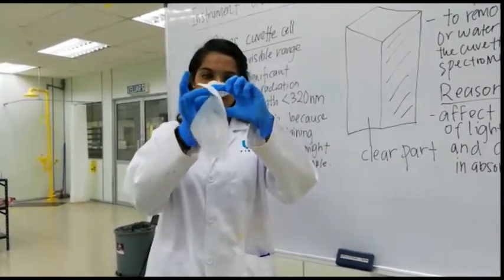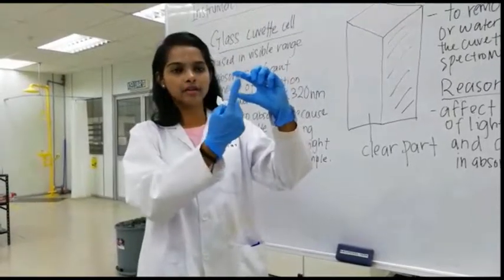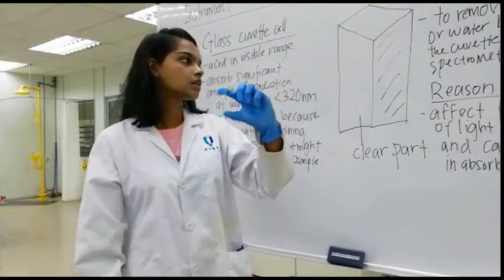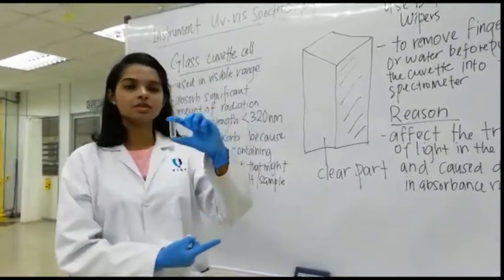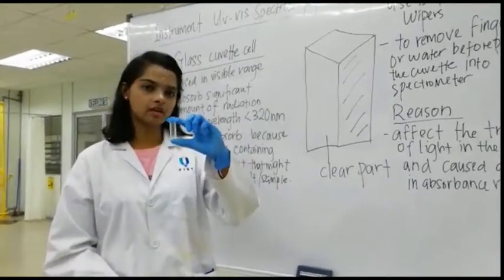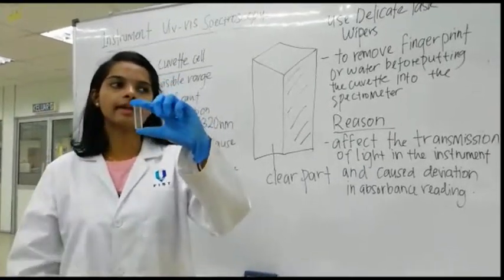After we wipe, make sure there are no stains around the clear part before we put it inside the spectrometer. This is because stains can affect the transmission of light in the instrument and cause deviation in the absorbance reading.